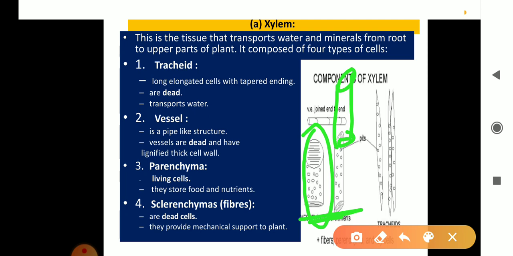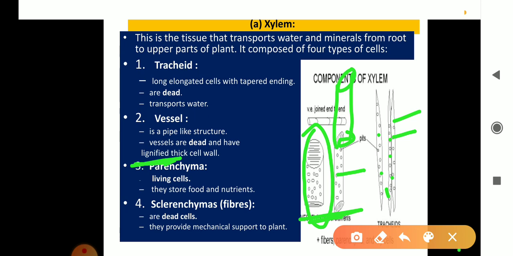Their cell wall has the deposition of lignin so that they become strong. The next, pits are present on the wall of tracheids, as well as the vessels. You can see these are the pits.